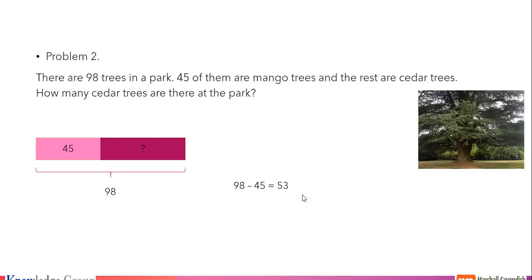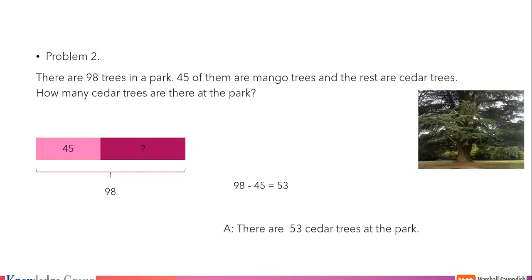That is my answer because they're asking me, if I have this total and this is a part of the total, what is the other part? Then I have to subtract the total and a part, and I will find the other part. And I write down my answer in a complete sentence. There are 53 cedar trees at the park.